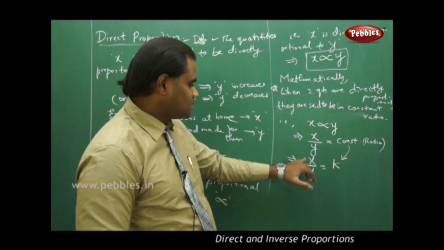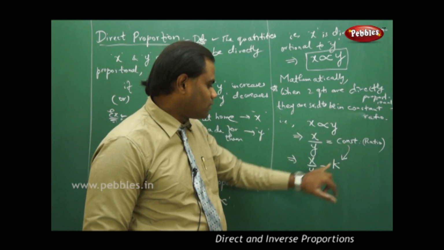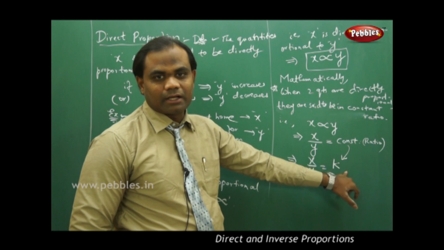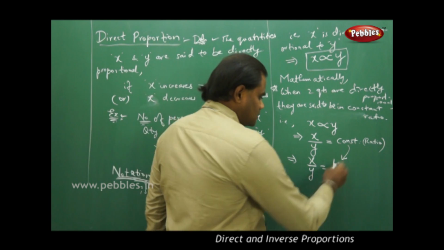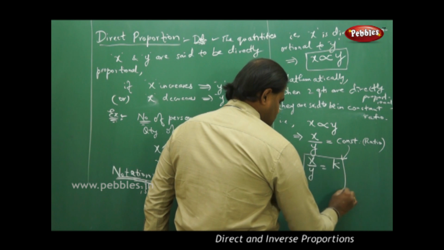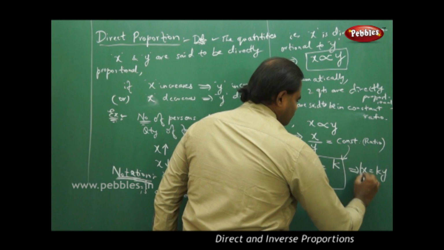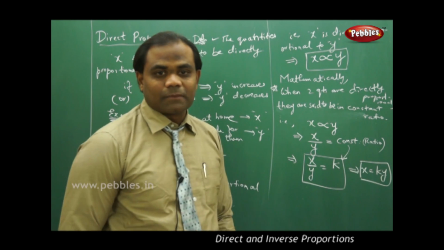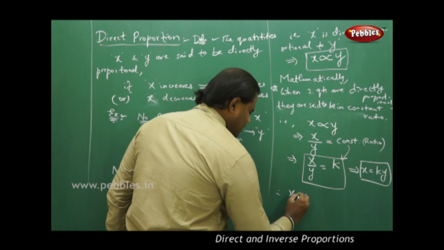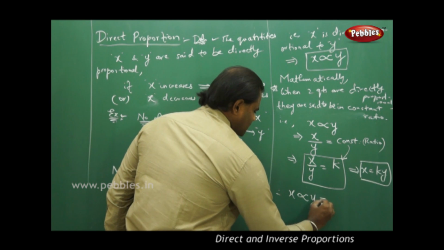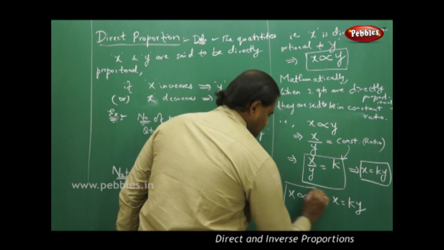So in this case, my mathematical relation, when I have x directly proportional to y, indirectly makes me understand that x by y is equal to some constant k, where this is a constant. Or I can also write this as x equal to k times y, which I understand indirectly as directly proportional. Therefore, x directly proportional to y implies x is equal to k times y.